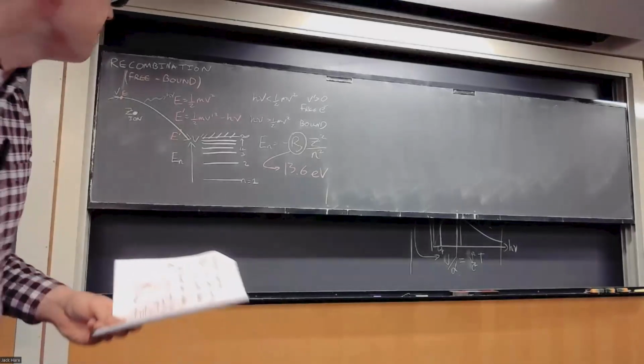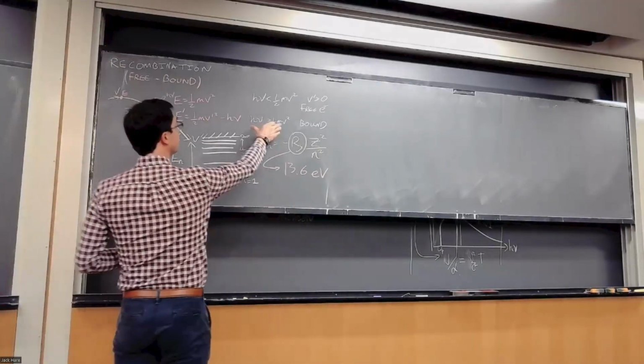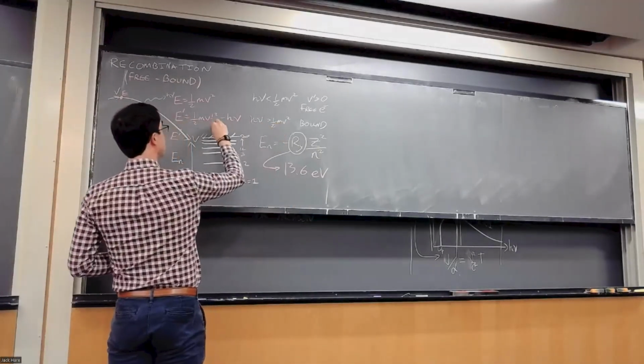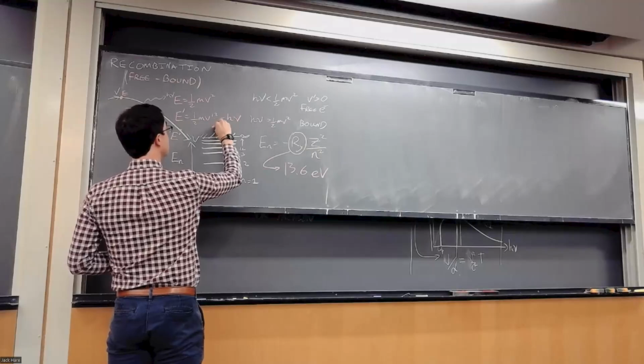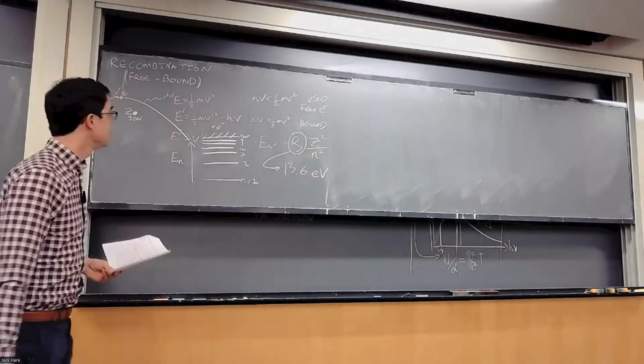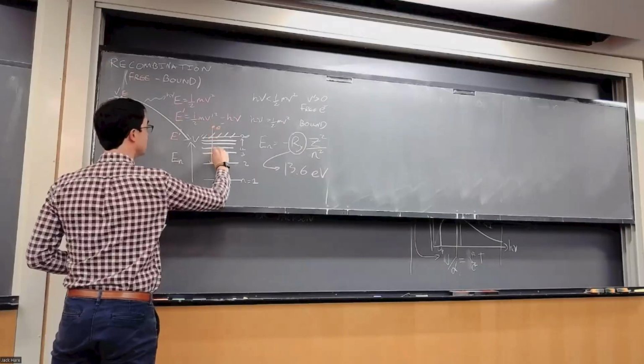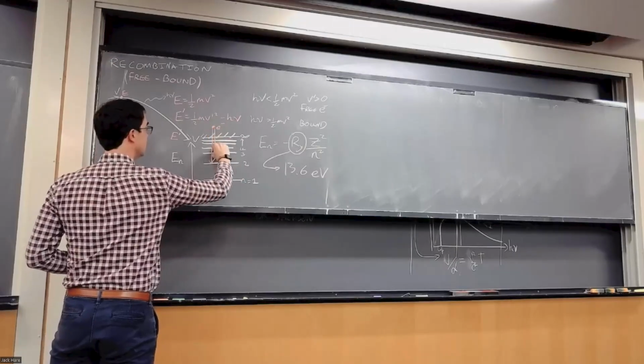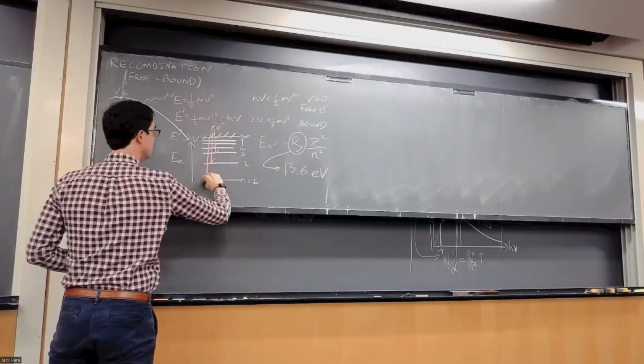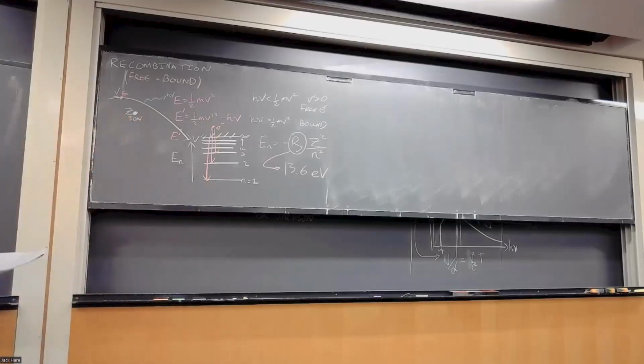Okay, so that means that when we have an electron coming in that's initially up here, if it wants to become a bound electron, it has to drop down to one of these energy levels. And these energy levels only have discrete values.